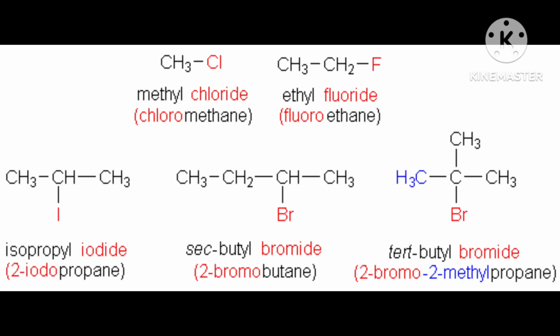Then 1-bromo-2-methylbutane. The methyl group is attached with the second carbon. Then this carbon is attached with how many carbons? 3 carbons. Correct? One left side, other right side, and one down with the methyl group, 3. Then it will be tertiary.